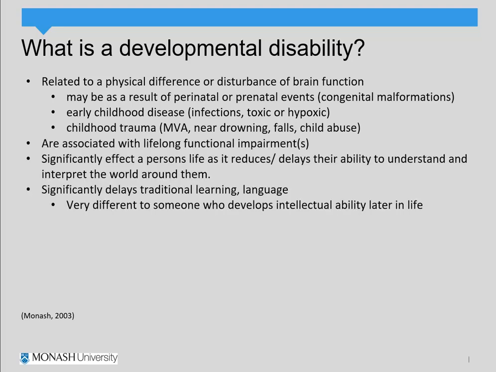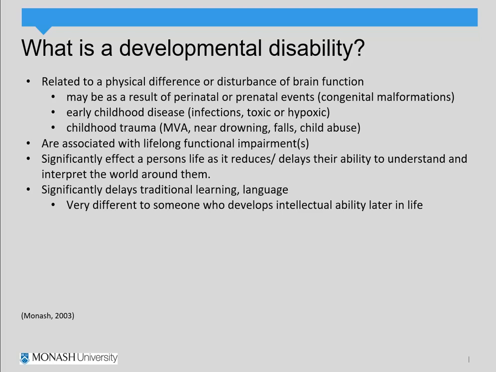So developmental disability is associated with a lifelong functional impairment. It significantly affects a person's life as it reduces and/or delays their ability to understand and interpret the world around them. And it significantly delays traditional learning of things like language.